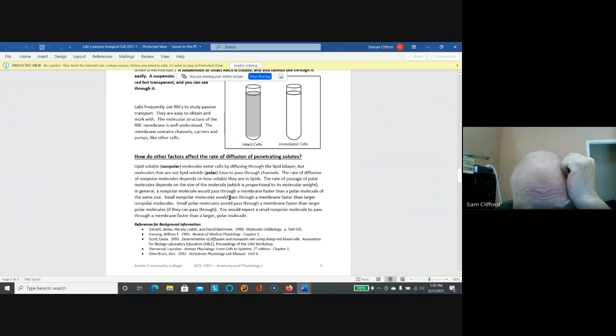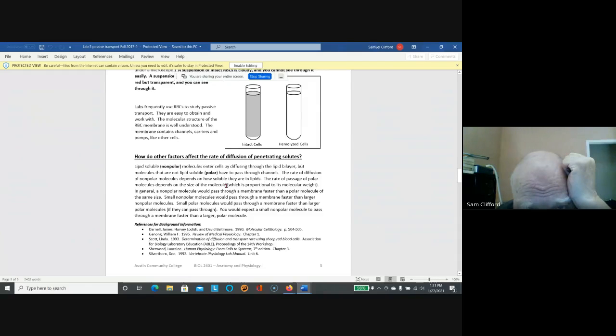Small nonpolar molecules will pass through the membrane faster. The small nonpolar would pass through the membrane faster than a larger polar molecule. Polar means the molecule has charge. Nonpolar means that it has no charge.